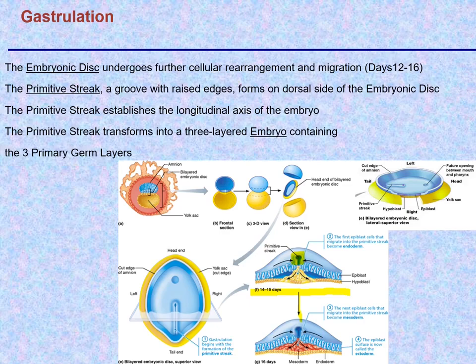It undergoes cellular rearrangement, and you get what's called a primitive streak forming, and that establishes the longitudinal axis of the embryo. That's right down the middle of the embryo, and it transforms into the three-layered embryo, containing the three primary germ layers: the ectoderm, mesoderm, and endoderm.